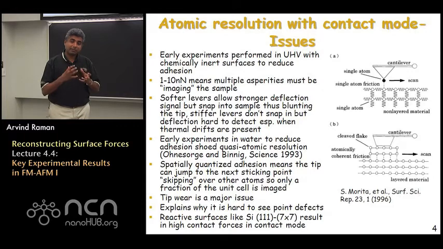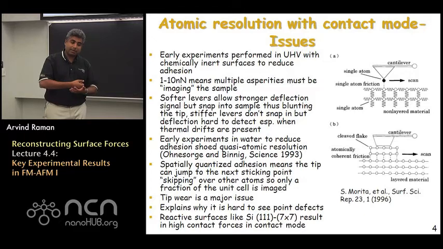what's the right kind of cantilever that you would need to get to atomic resolution imaging in contact mode AFM. And here there's a very important compromise: softer levers would allow you to detect the deflection better because they would deflect a lot more. But at the same time, softer levers would snap into the sample, and in the snap-in, the tip could get damaged.